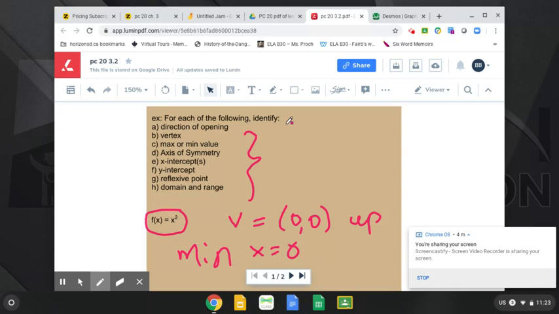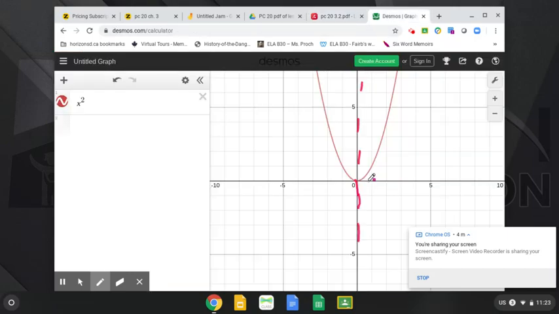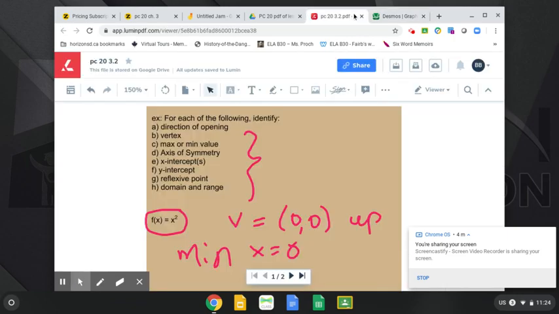X-intercepts are simply where it crosses the x-axis. Looking here, it crosses the x-axis only one time. It touches right at x equals 0. So the x-intercept is x equals 0.